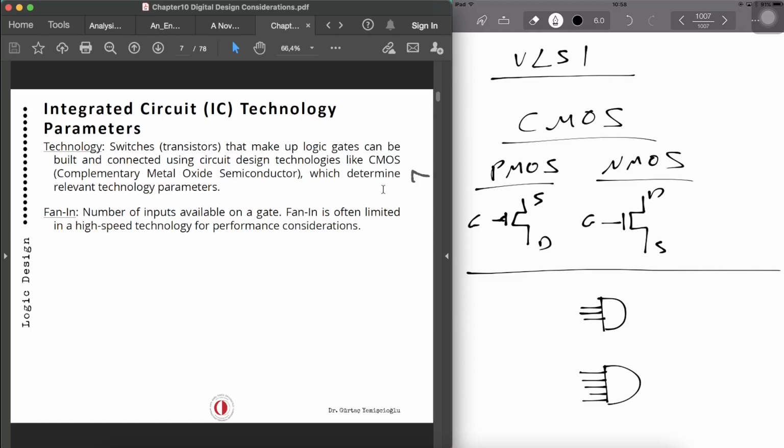But the problem is that when you have a large number of inputs, you're increasing the number of transistors in one gate, and also you're increasing the capacitance in that gate. This is going to slow down the operation of the gate. We have to charge those capacitors and discharge them, so it's going to take some time. It's going to limit the performance of the device.